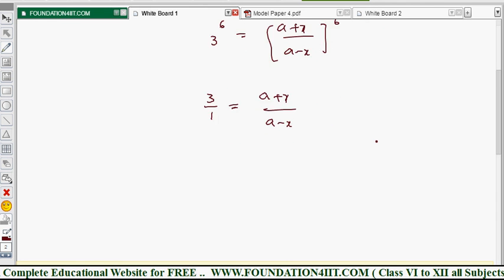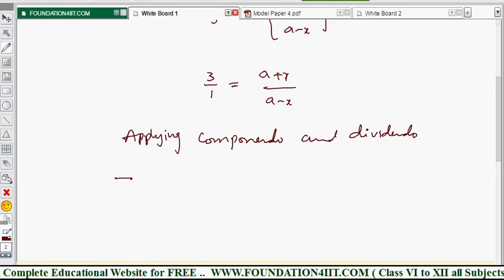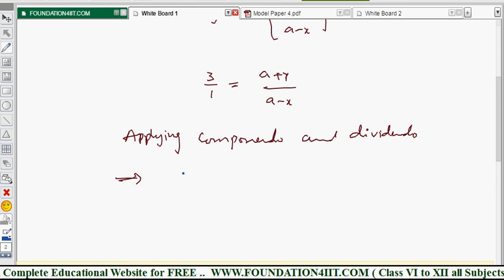Then we'll apply the componendo and dividendo rule for this. The formula for componendo and dividendo is adding numerator and denominator, and subtracting both.